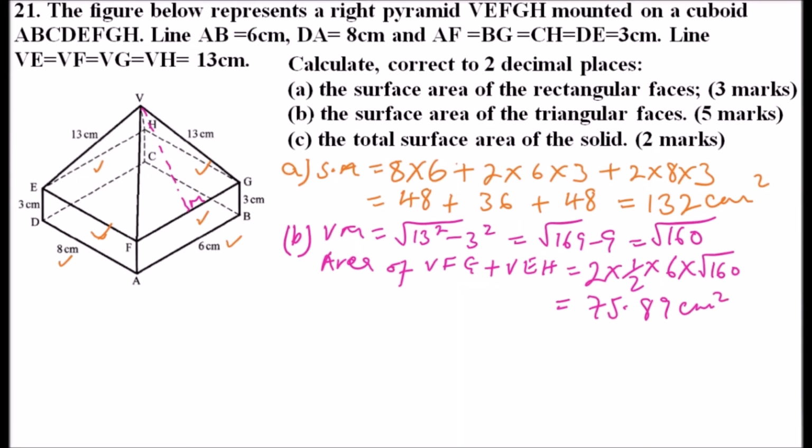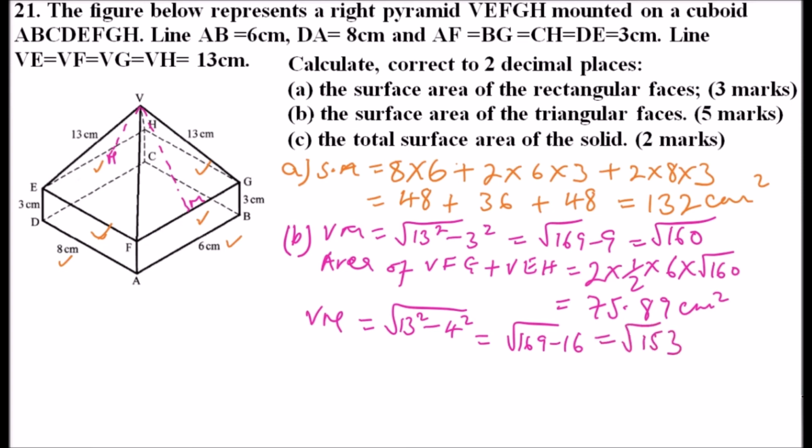Again, if we drop a line here, we call that N. We get VN is equal to the square root of 13 squared minus 4 squared, which is the square root of 169 minus 16, equal to the square root of 153.